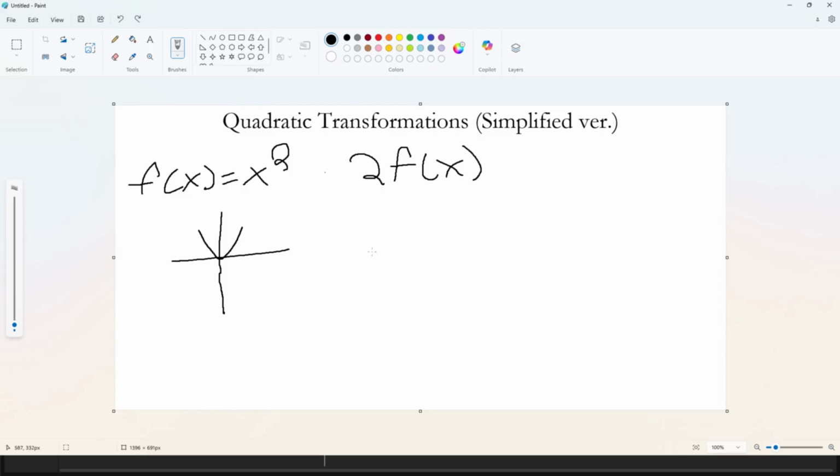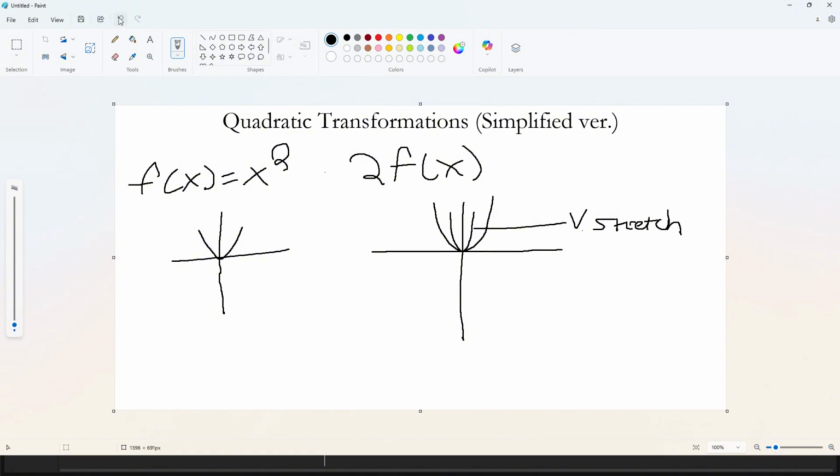Now when we perform this vertical stretch, the function itself will become narrower, as you can see, compared to our parent function. The wider one will be the parent function. So this is a vertical stretch.